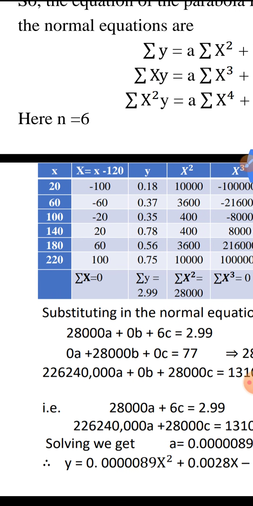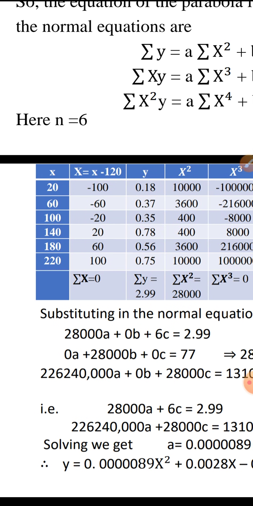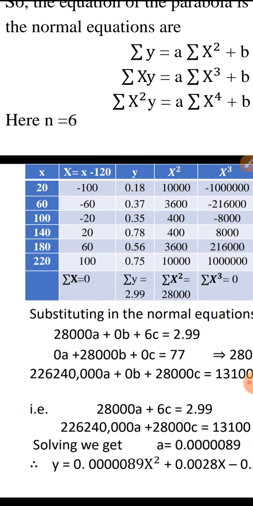In this table, small x and small y values are given. All the remaining entries you have to calculate.